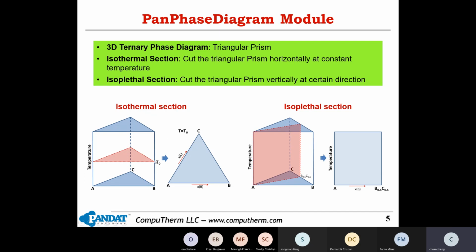Sometimes you just view it like this. We can also cut the triangular prism vertically in a certain direction. This is called an isoplethal section, and it will show like this. These two types of phase diagram are very important, especially in multi-component systems.